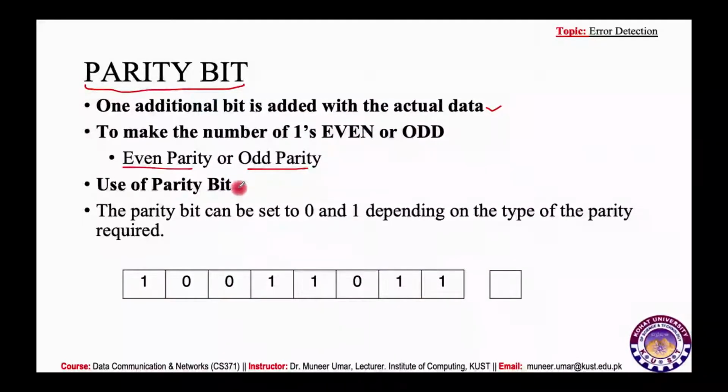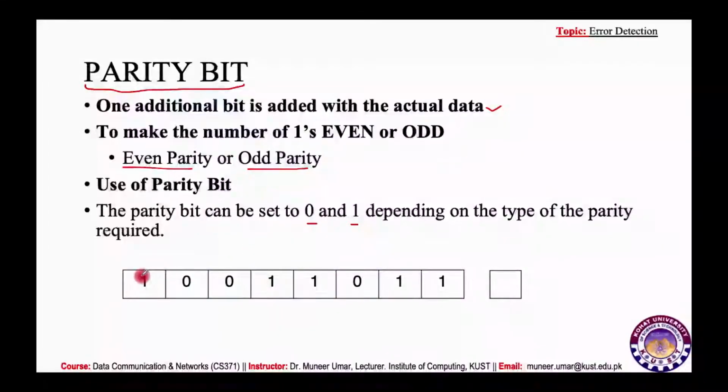So for redundancy check, we use the parity bit. The parity bit can be set to 0 or 1 depending on the type of parity required.